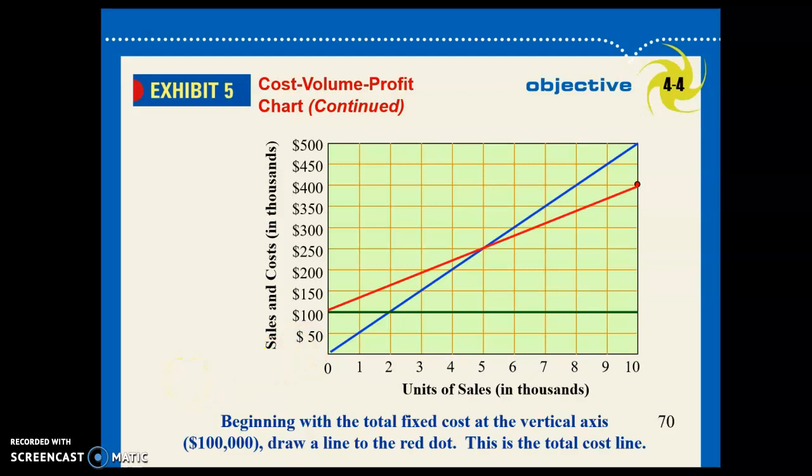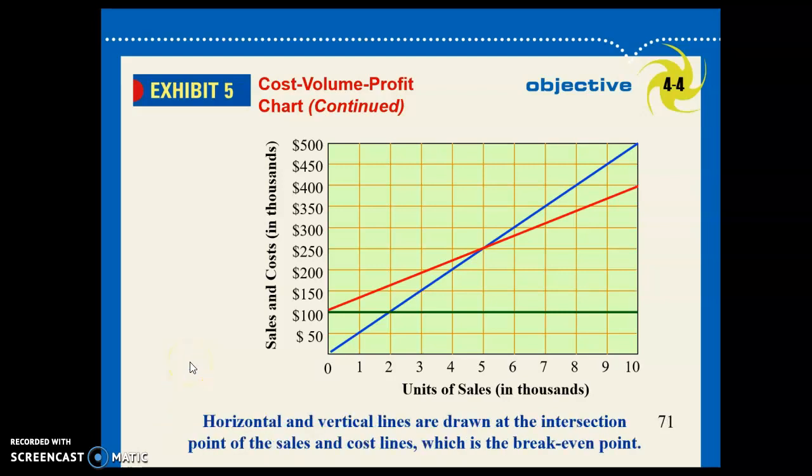So here is my total cost line. It goes from 100,000 if I sell 0 to $400,000 of cost if I sell 10,000 units.